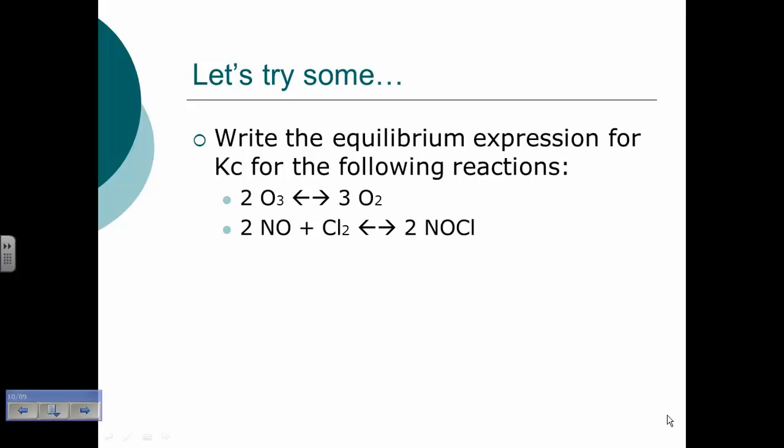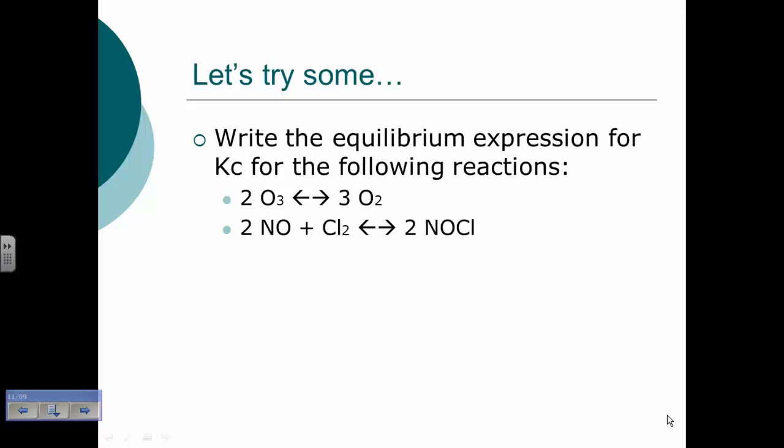Let's just simply practice writing expressions. No numbers in terms of concentration values, but we just want to practice what the expression looks like. We're being asked to write the equilibrium expression for Kc for the following elementary reactions. The first example reads 2 O3 is in equilibrium with 3 O2.